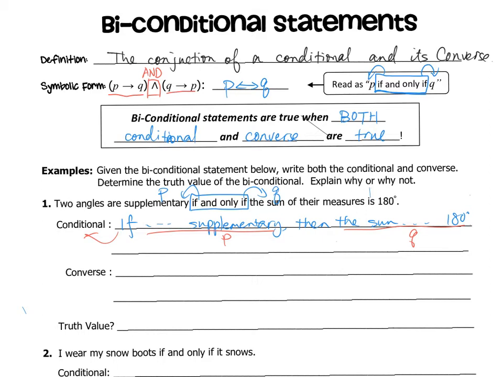And my converse is simply swapping the P and the Q. So if the sum of the two angles' measures is 180 degrees, then they are supplementary. And in this case, the truth value is true because both are true.